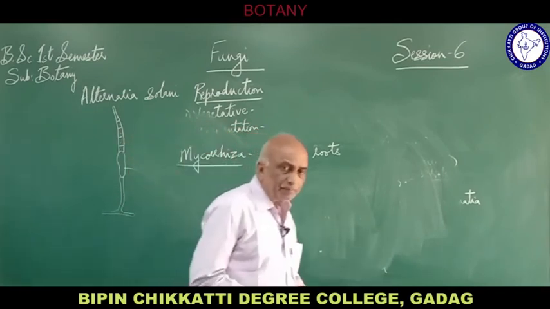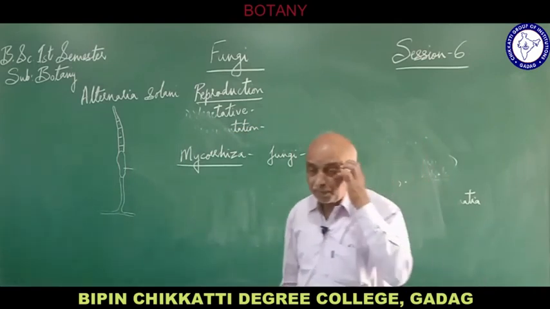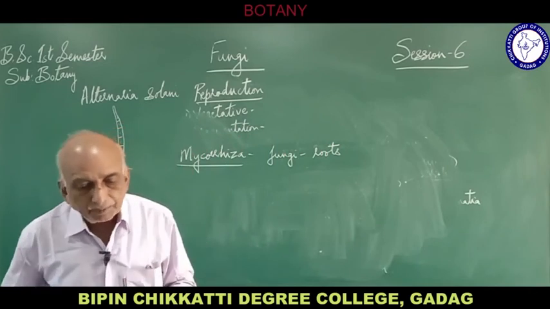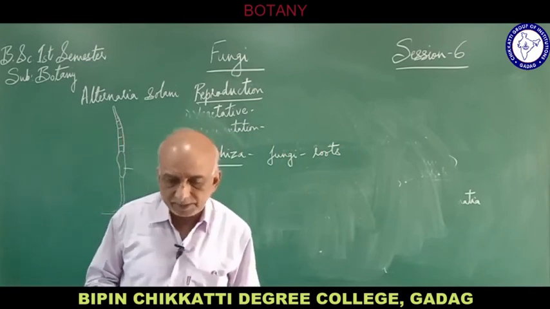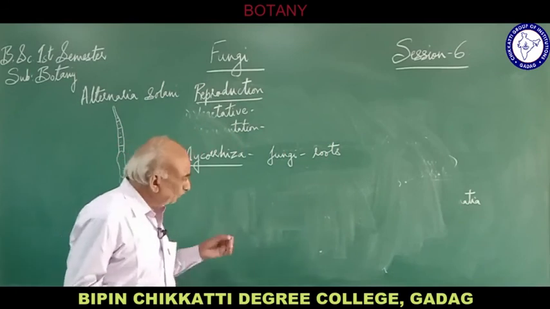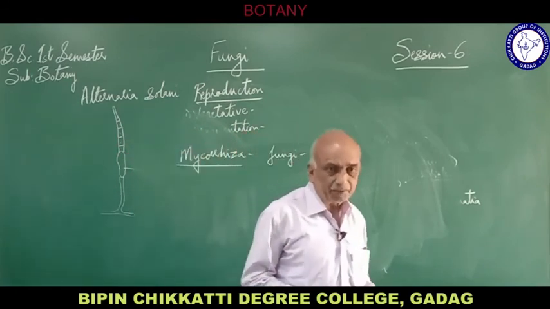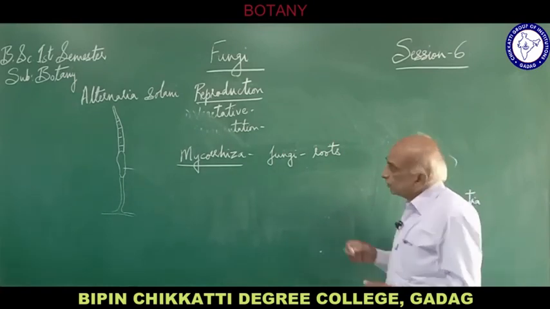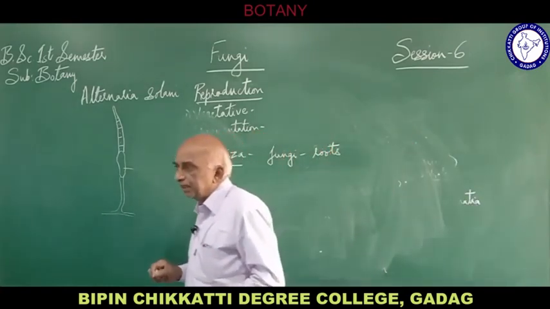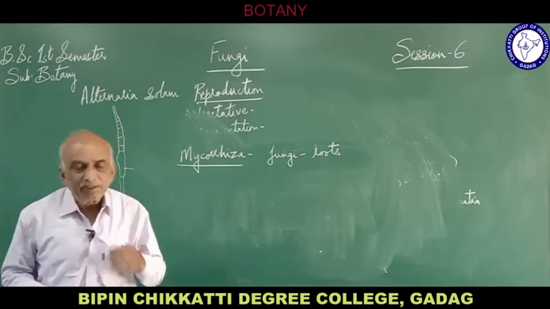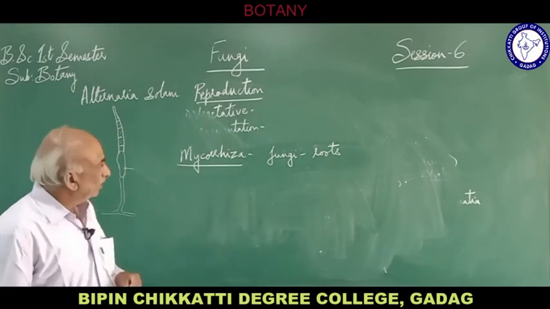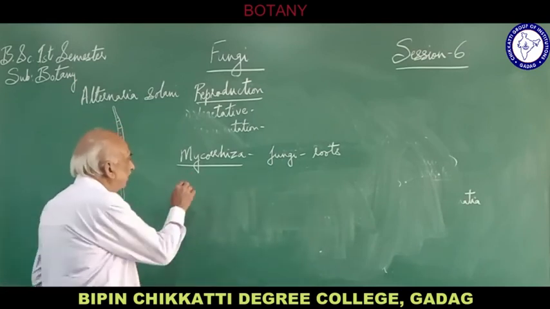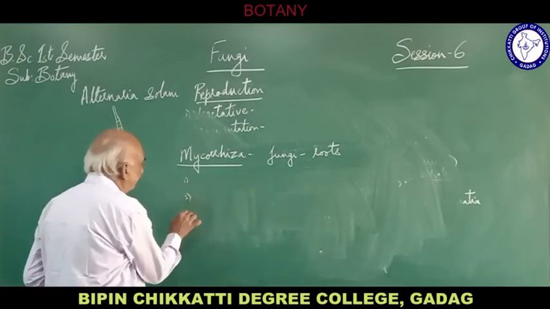Certain fungi which have a symbiotic association with the roots of some plants are called mycorrhiza. For example, in the Pinus plant, a gymnosperm, there is a fungus called Glomus. It is associated with the roots of the Pinus plant, and it has a symbiotic association. Such association is called mycorrhiza. Now there are three types of mycorrhiza which we can classify.